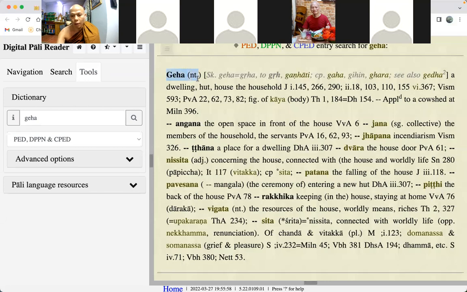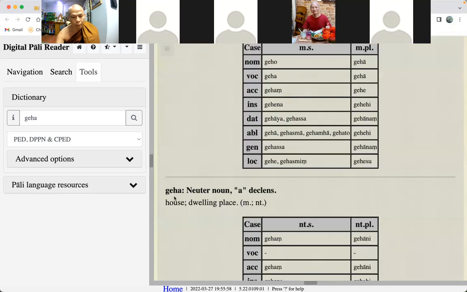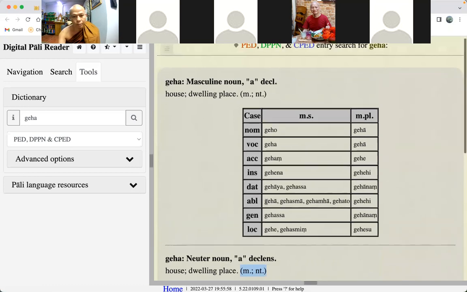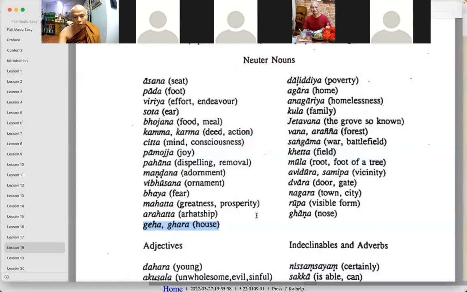Here geha is actually neuter, but masculine also is possible. So here it is neuter now. Geha and agara both mean the same, the house.